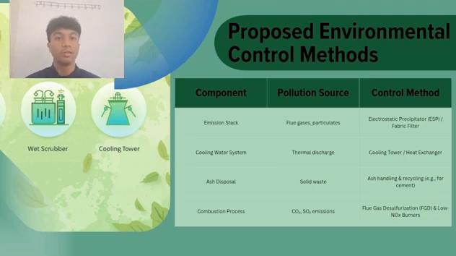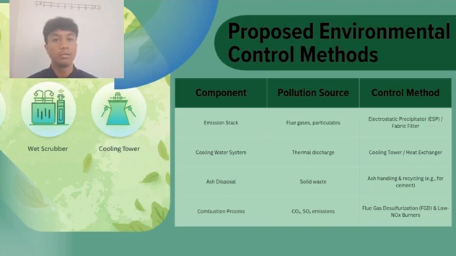The next slide is about proposed environmental control methods. To reduce pollution, we can apply environmental control strategies to different parts of the plant. For example, for the emission stack, we can use electrostatic precipitators or fabric filters to trap dust and fine particles. For ash disposal, we can implement an ash recycling system where ash is reused in cement or road construction.